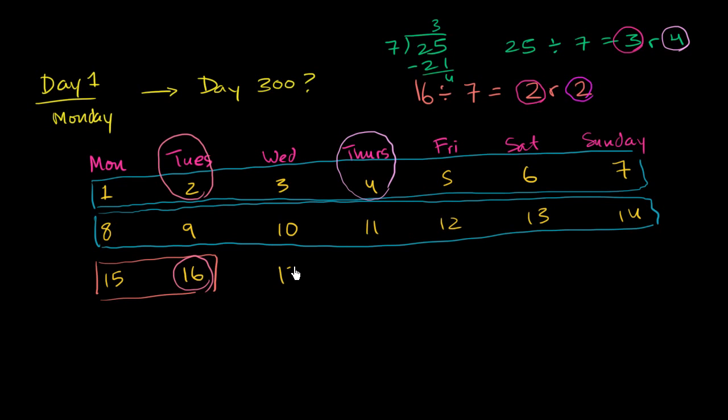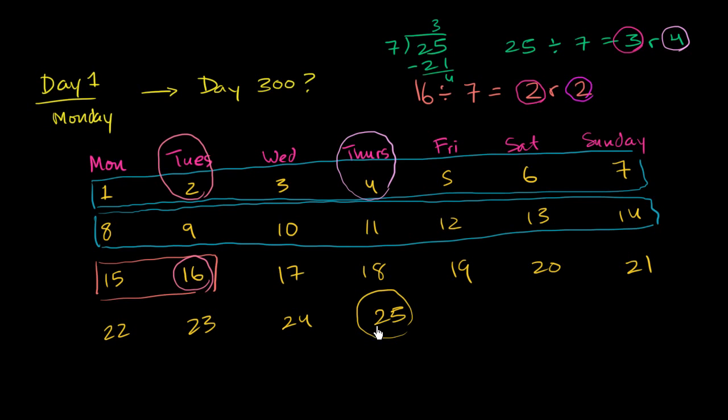So let's go to 17, 18, 19, 20, 21, 22, 23, 24, and 25. It is indeed a Thursday, but it makes complete sense. You have 3 rows before the row that gets to 25. And then in that row, it's going to be the 4th entry because you have a remainder of 4. 1, 2, 3, 4. It's going to be a Thursday.